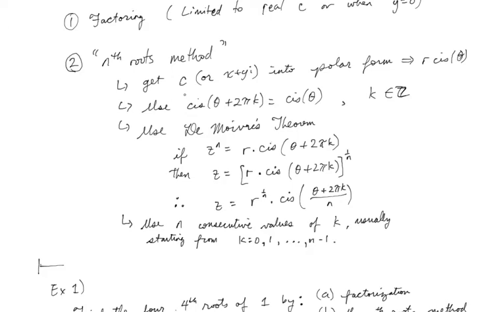But in this form, we would have the polar form on this side, and we would undo the n here by taking the 1 over nth root, or raising both sides to the 1 over n power.